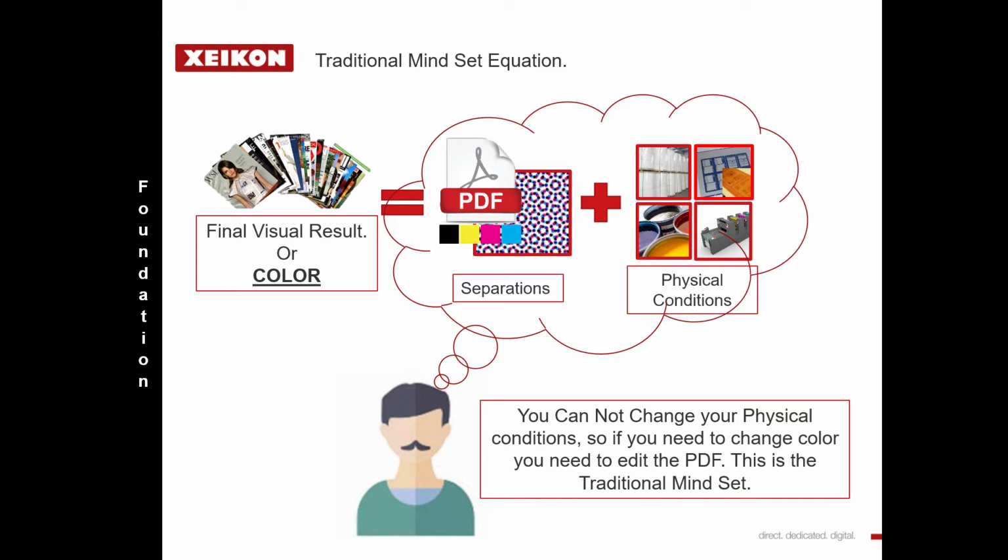So changing a colour is a pre-press function. And we don't need to think that way with digital printing. We can take the same PDF and make it print with different visual results. So how do we do this?